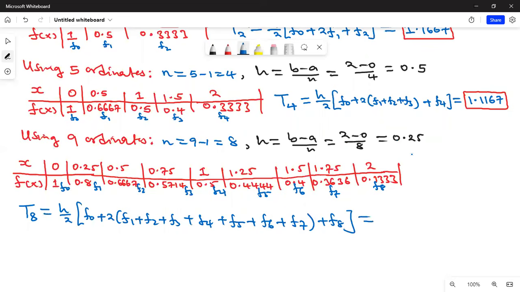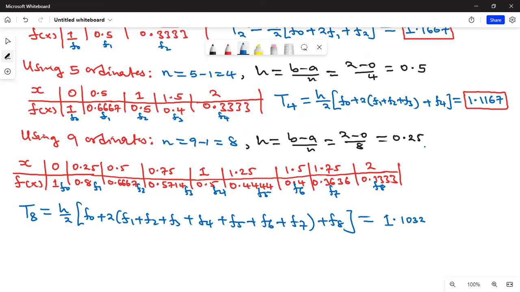You know the values of those ordinates, f0 all the way up to f8, you can substitute into this formula. And remember, h is 0.25. Substitute and press into your calculator. You need to get 1.1032.